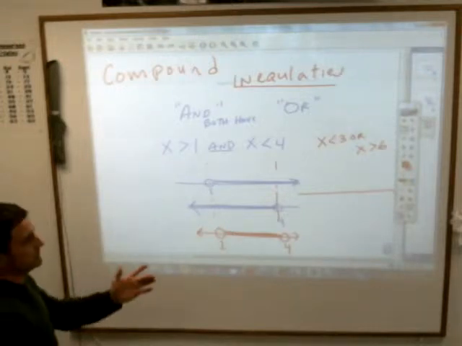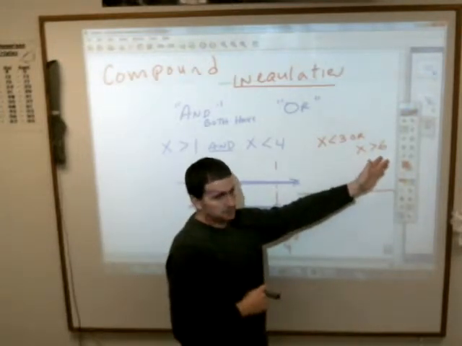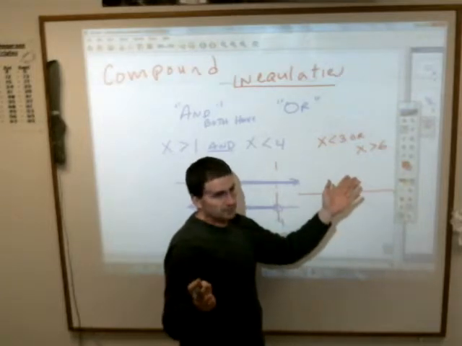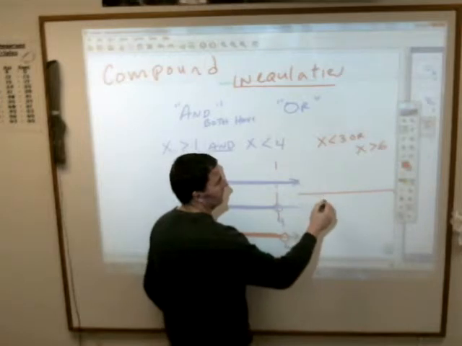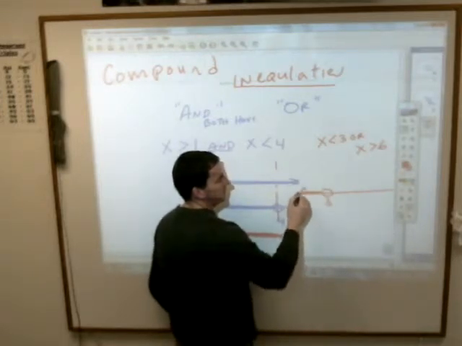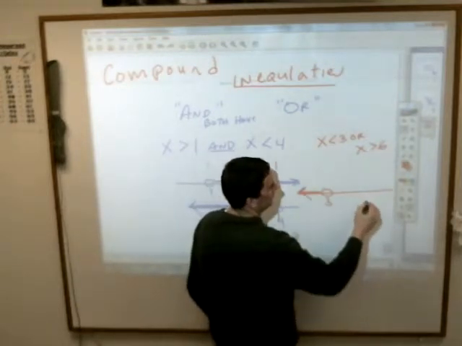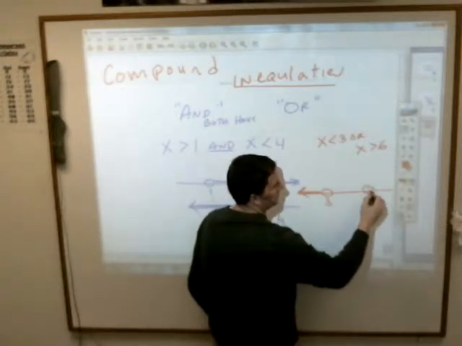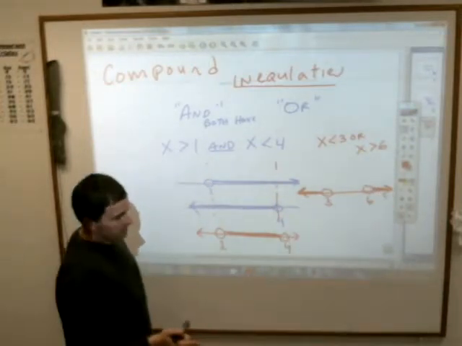I want any number that is either less than 3 or greater than 6. Really, what are the only numbers you couldn't have? 4 and 5, because here at 3, X is less than, going this way, could be any number: 3, 2, 1, 0, negative, whatever. Over here at 6, it can be any number greater than. So they go off in opposite directions.